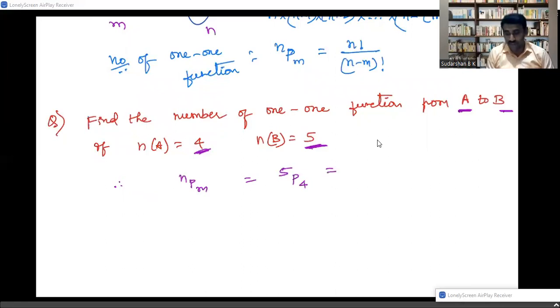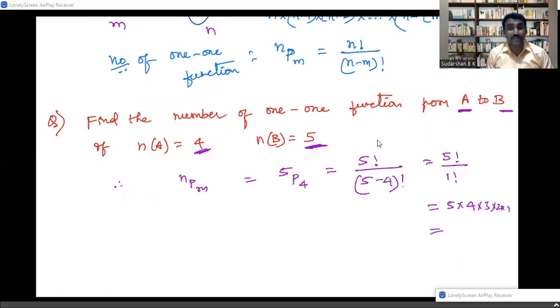So 5P4 is equal to 5 factorial divided by (5 minus 4) factorial, which is equal to 5 factorial by 1 factorial, which is 5 into 4 into 3 into 2 into 1, which is 120. So there are 120 one-to-one functions from set A to set B.